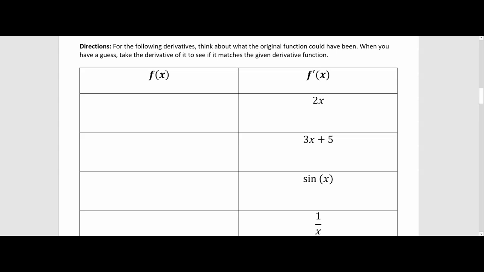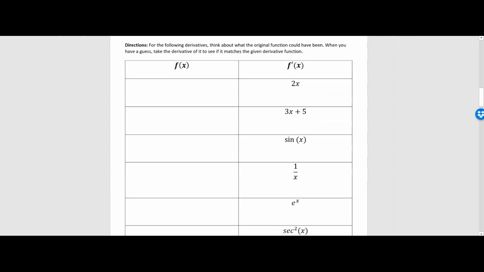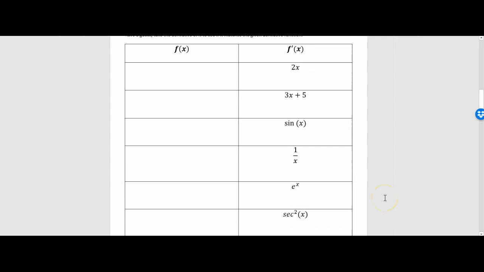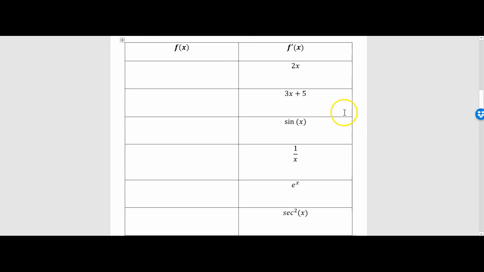Okay, so an antiderivative, let me see if I can fit all of this in here. I can. An antiderivative is essentially working backwards from a derivative. So if I have the derivative, we're essentially thinking, okay, what's the original function? Or if I give you a second derivative, the antiderivative would be the first derivative.